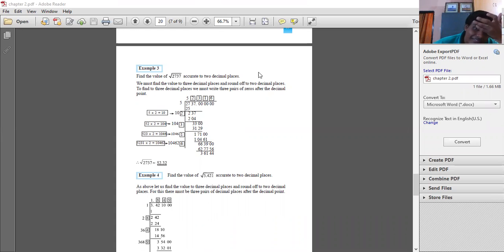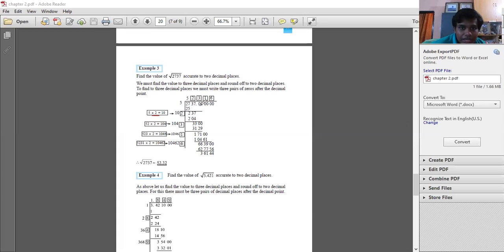Now, what is different here, if you can see, is that it's a bigger number. 2737. We have divided it into two parts, found the lower closest square, and put 525 remaining, and then do the multiplication to find this value and put it here.